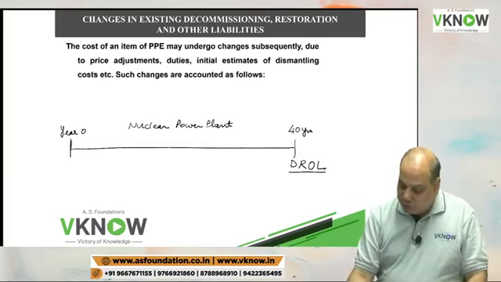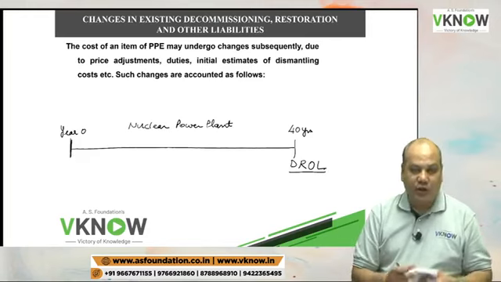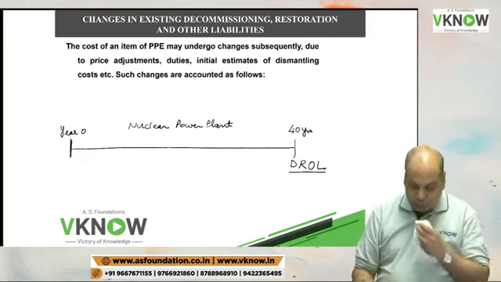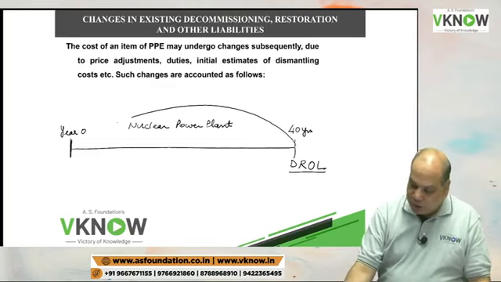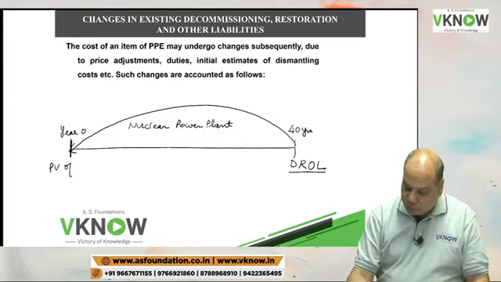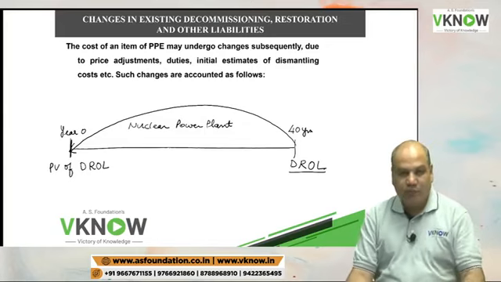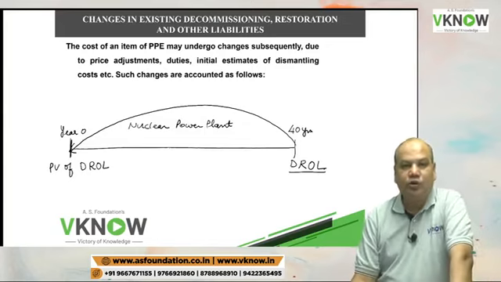So if you remember, we have taken a question of this kind where we had calculated the present value of decommissioning, restoration, and other liabilities. Do you remember? I had given you one question of this type.